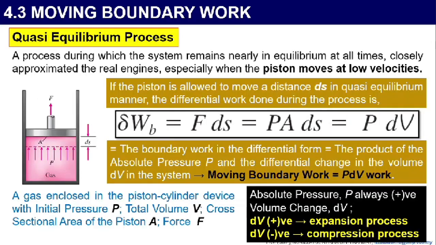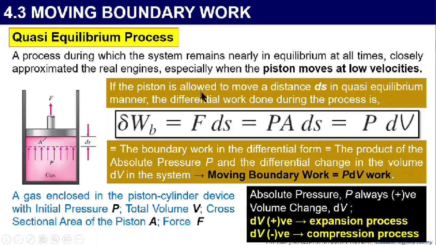Now, what is a quasi-equilibrium process? A process during which the system remains nearly in equilibrium at all times, closely approximating real engines, especially when the piston moves at low velocities.